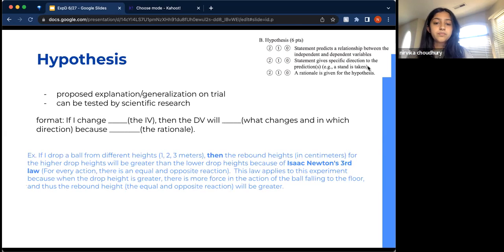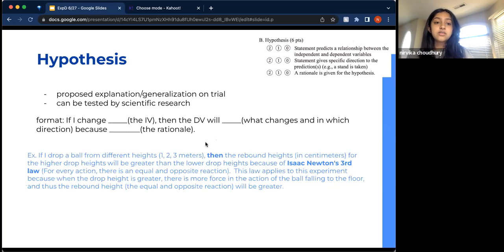So this law applies to this experiment because when the drop height is greater, there is more force in the action of the ball falling to the floor, and thus the rebound height, or the equal and opposite reaction, will be greater. So the main thing I want you to take away from this slide is the rationale.